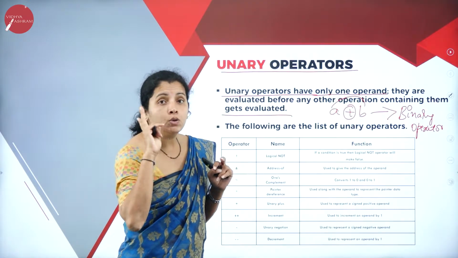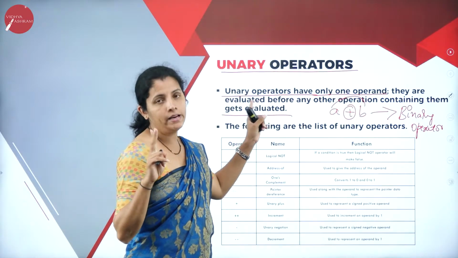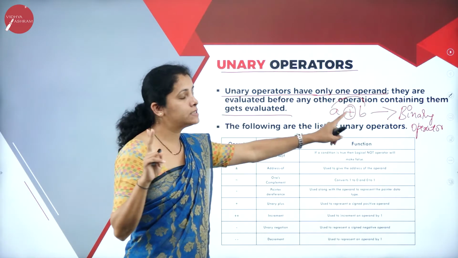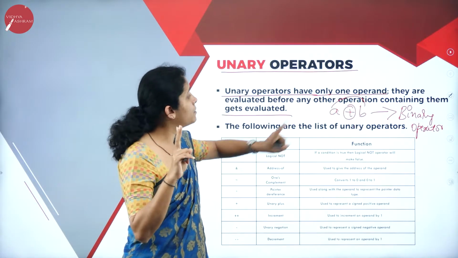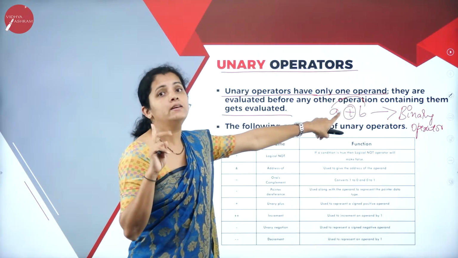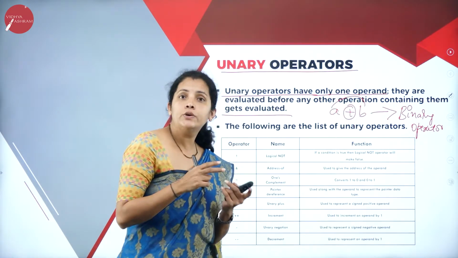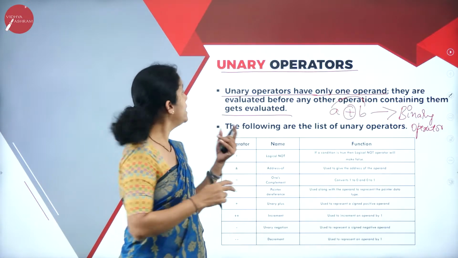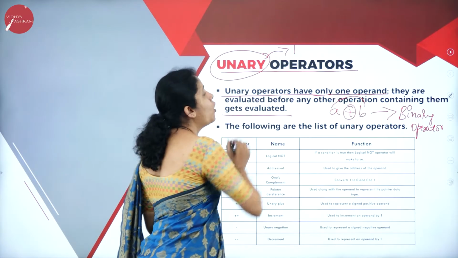So what are the two different kinds of operators? Binary and unary. In binary, I have two operands and place the operator between them. In unary, the name itself indicates that I have only one operand.